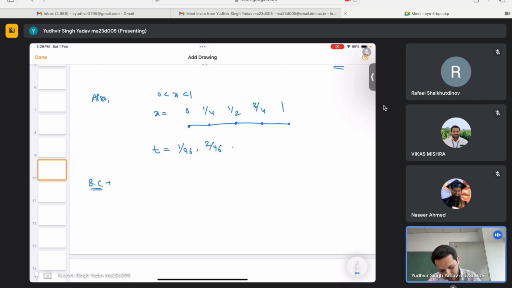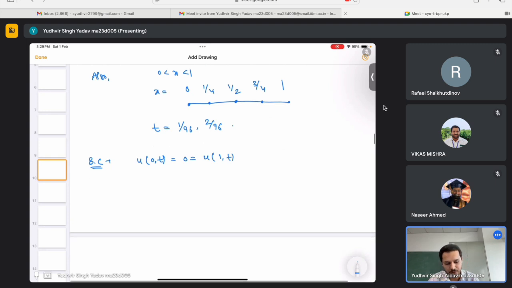And from boundary conditions, at both the boundaries at x equals to 0 and x equals to 1, we will have u equals to 0. So this can also be written as u 0 comma j, that for all values of j, it is 0.